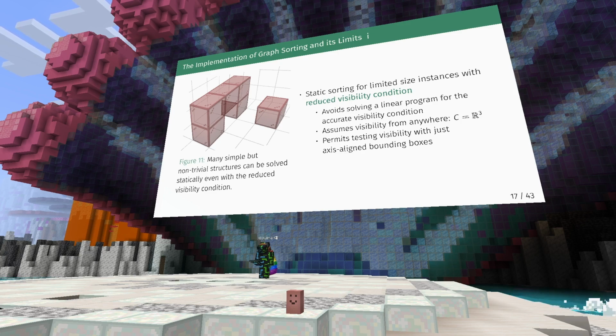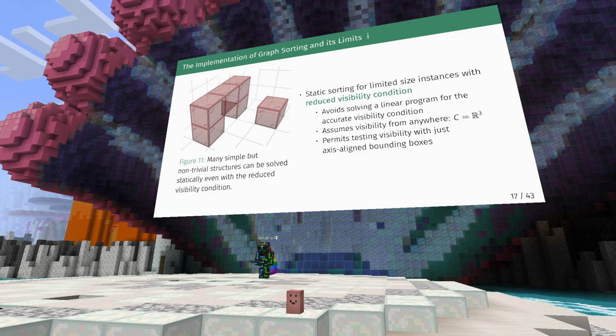So now we can do visibility tests, i.e. between two quads, we can check whether they can see each other just with axis-aligned bounding boxes. If they're not aligned, we need to do some dot product tests and stuff, but we don't have to solve a linear program for every pair of quads. So the structure you can see on the left, we can sort with the reduced visibility condition statically.